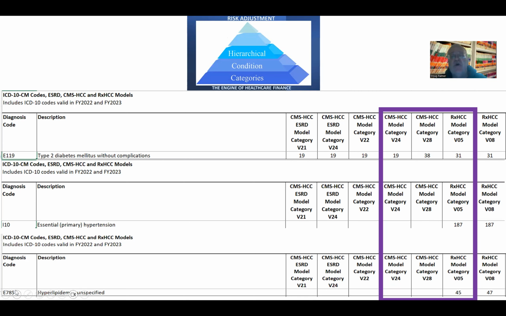So E11.9 qualifies for an HCC under Part A and Part B benefits, while hypertension and hyperlipidemia are under the prescription drug benefit only.